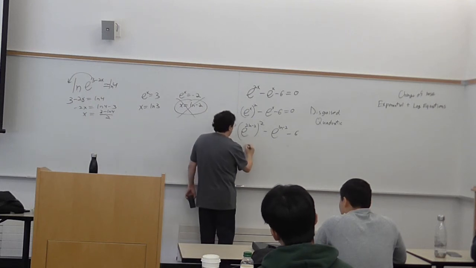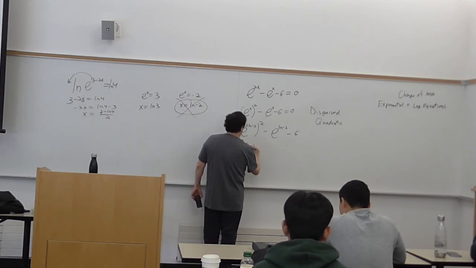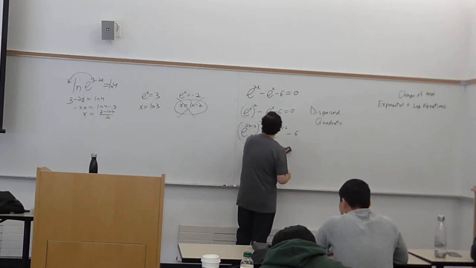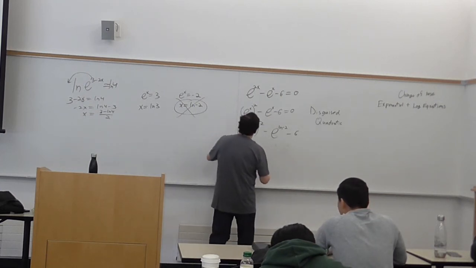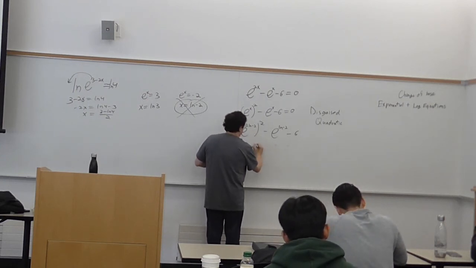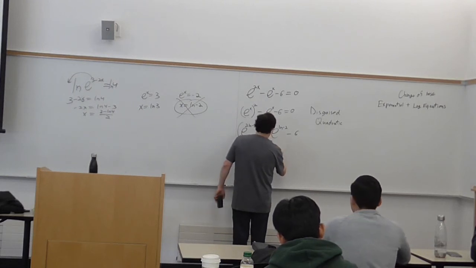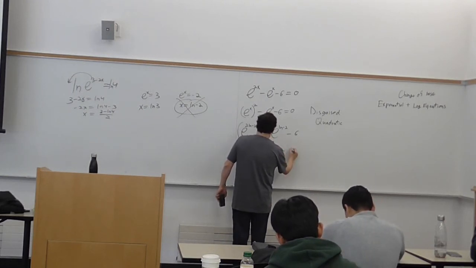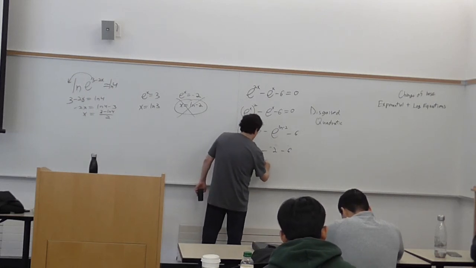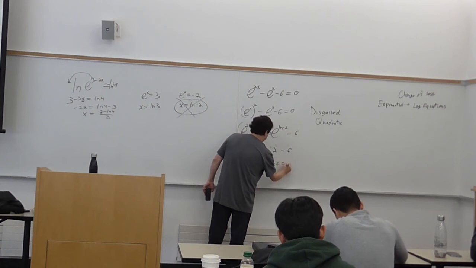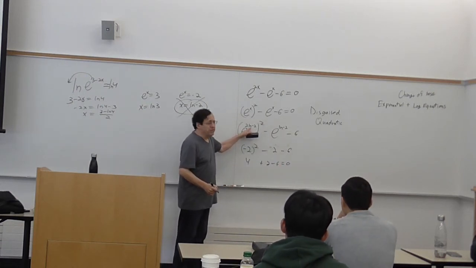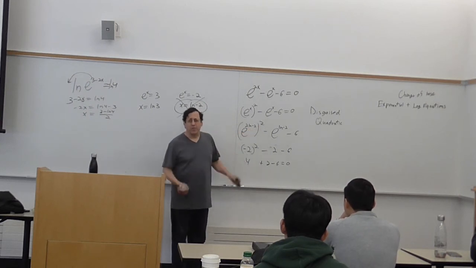You might go, oh, well, that's minus 2 squared minus 2 minus 6, and you get 4 plus 2 minus 6 equals 0. You can fool yourself. But this is undefined, so you can't really do that.